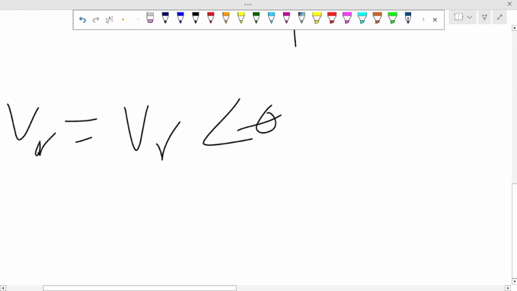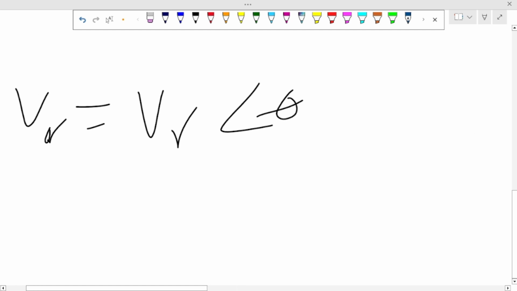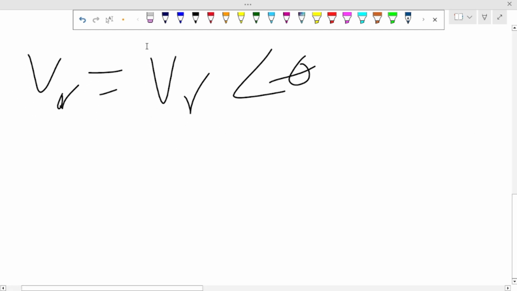Now of course we can put this in a rectangular form by taking the sine and cos of this, and we include the magnitude.